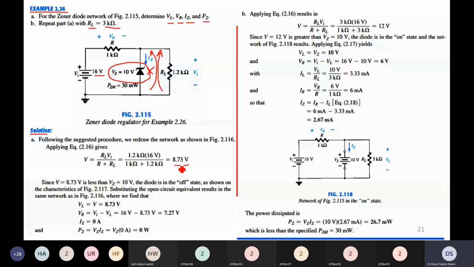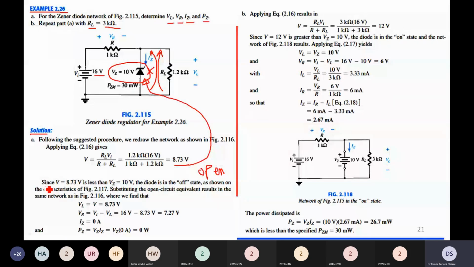Now 8.73 volts are appearing across VL, whereas we have a Zener diode of 10 volts. Will this 8.73 volts break down our Zener diode barrier? The answer is no. This 8.73 volts is not enough to break down the Zener diode barrier. Therefore, our Zener diode for part A will remain open circuit.